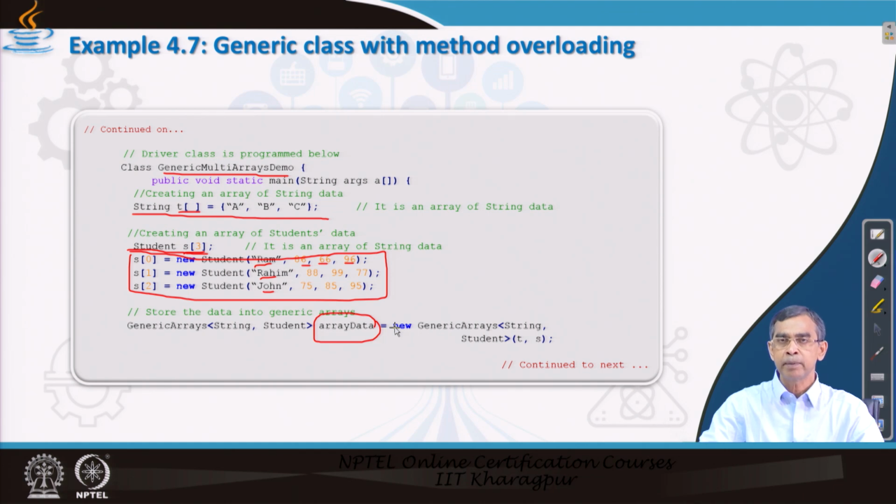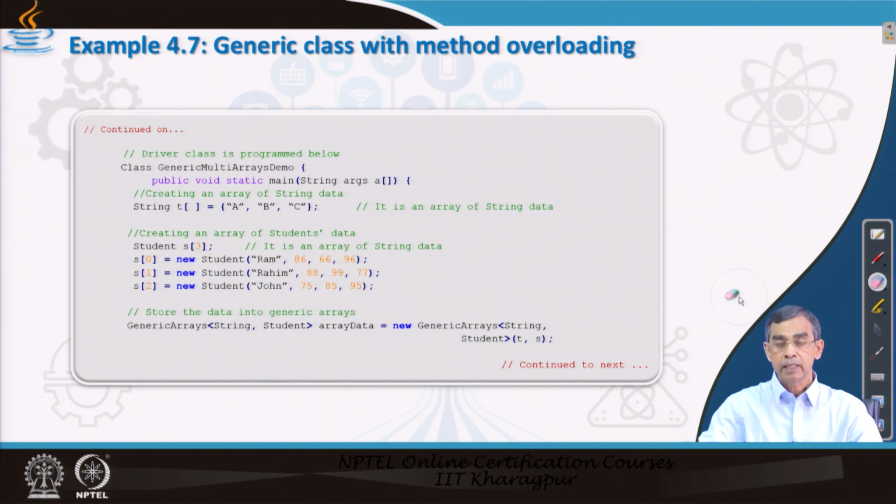So, a generic program with 2 different types, string and student, where student is user defined, is declared and used here. Now, let us continue this program. Next we see the different method calls, namely get, print and reverse, and how they work.